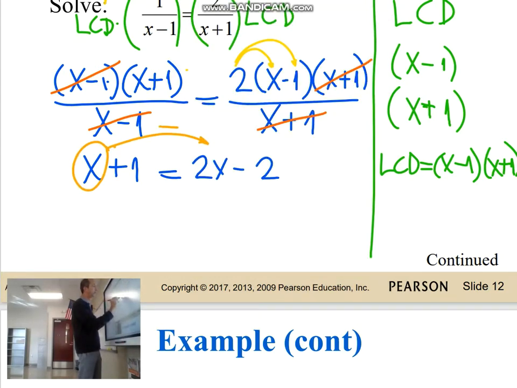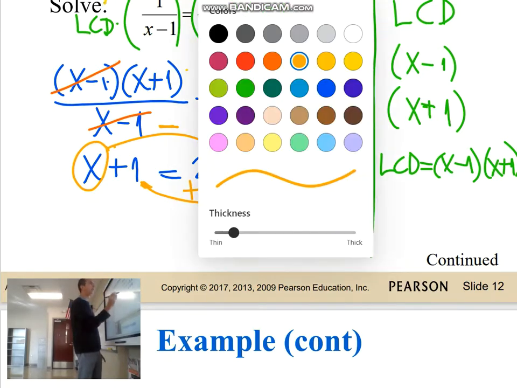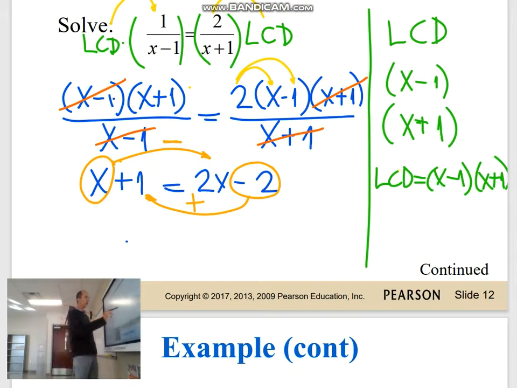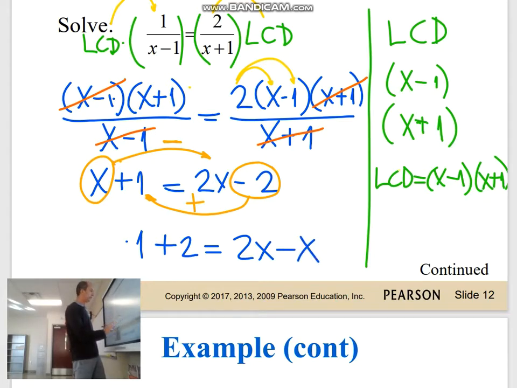Addition property of equality will make it a negative. You can move this to the left-hand side, again by addition property of equality. So you will have 1 and negative 2 becomes positive 2 equals 2x, and positive x becomes negative x.